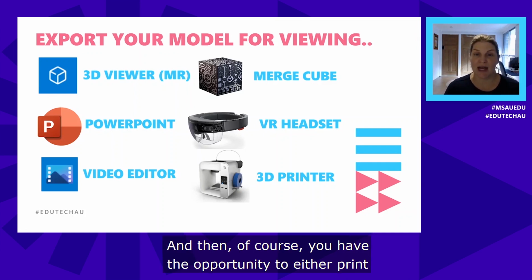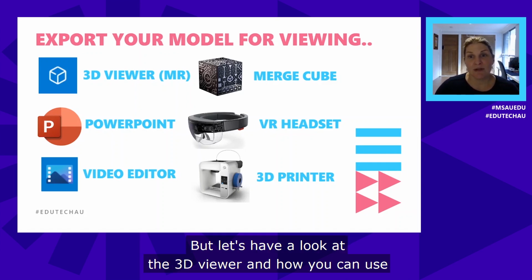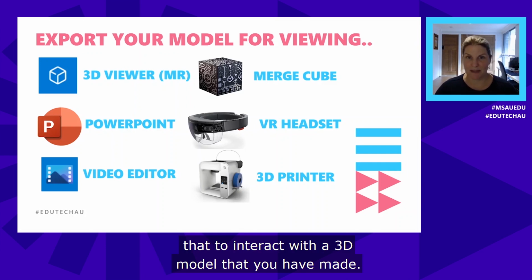And then of course you have the opportunity to either print your 3D Paint creation or view it using a headset. But let's have a look at the 3D Viewer and how you can use that to interact with a 3D model that you have made.